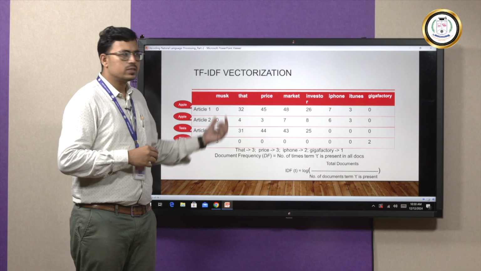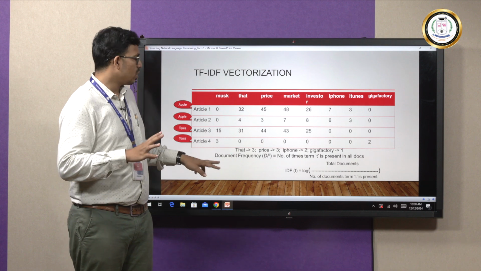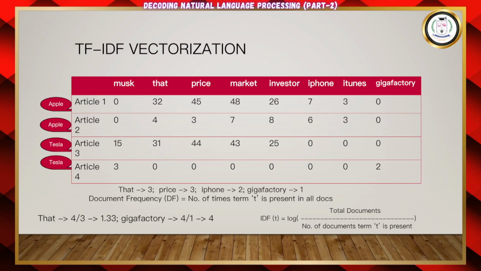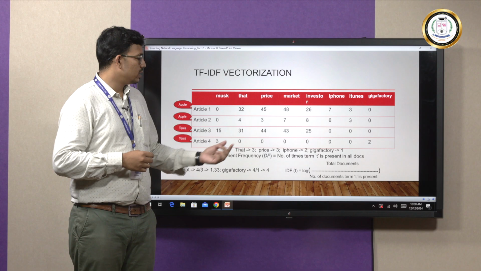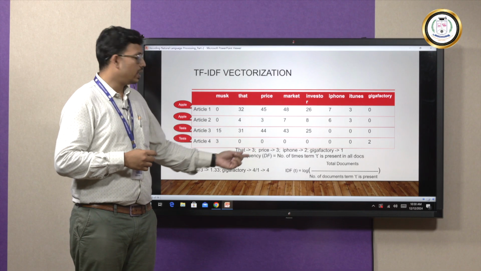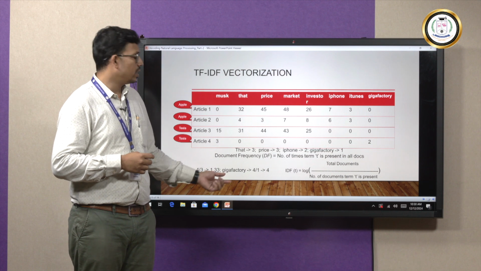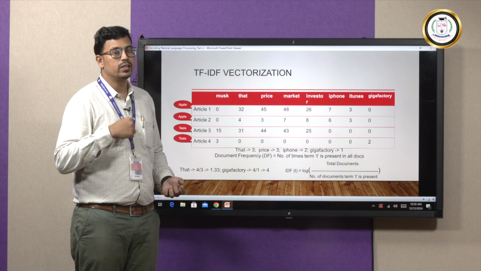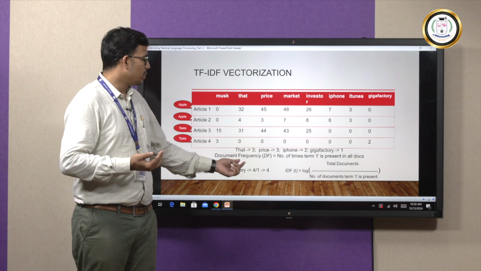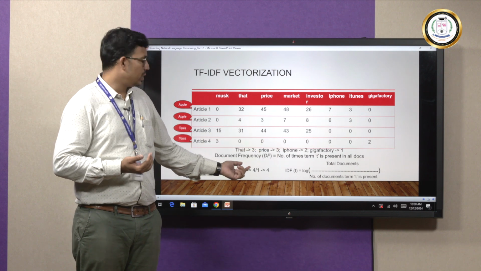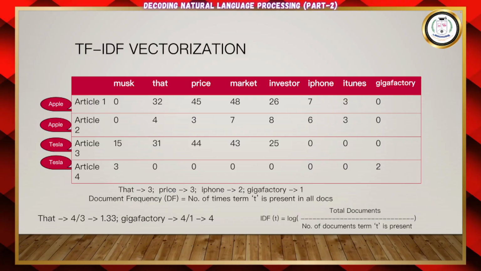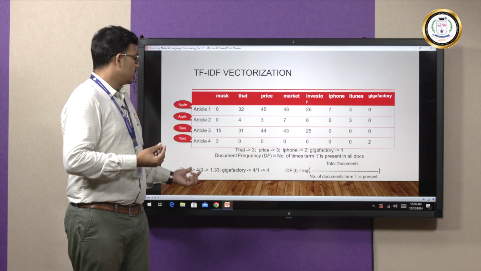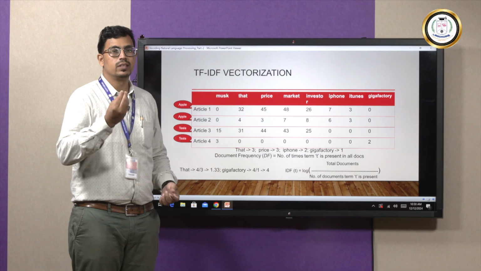The total number of documents here is 4. So for the token "that", it is 4 divided by 3, which is 1.33, and for Gigafactory, the value 1 becomes 4 when divided into the total documents. So you can see the data is normalized. Gigafactory's value has increased, and the column for "that" has decreased.